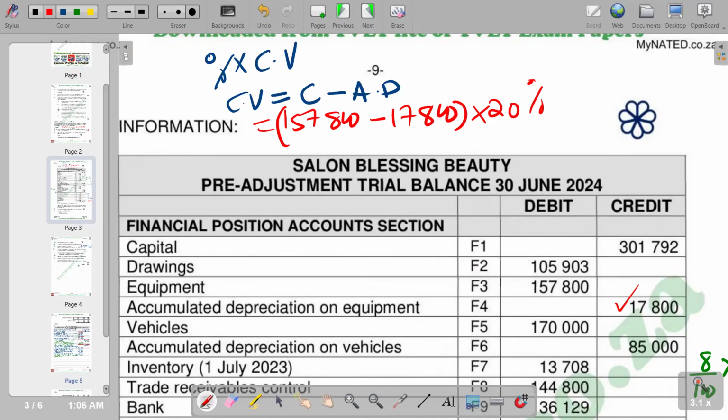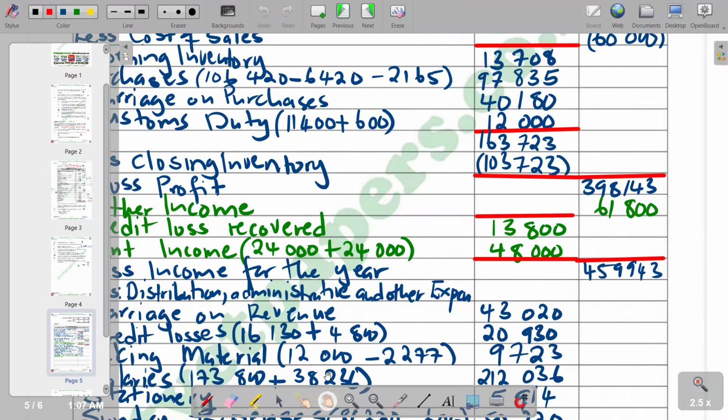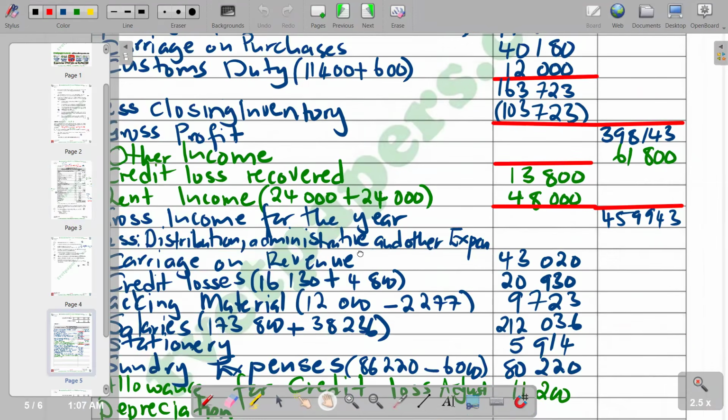So if you calculate it, you get your answer is 28,000. So depreciation of equipment that we calculated is 20,000. So in brackets we have 20,000.